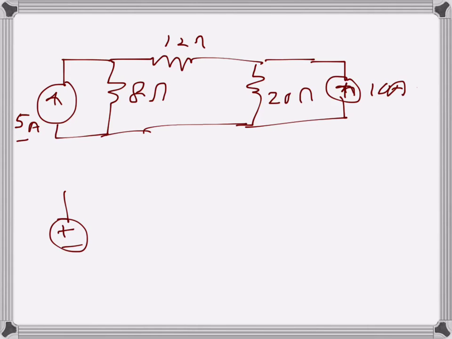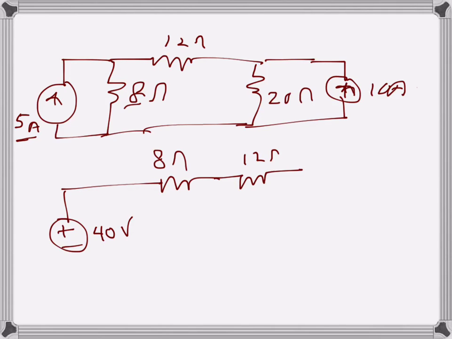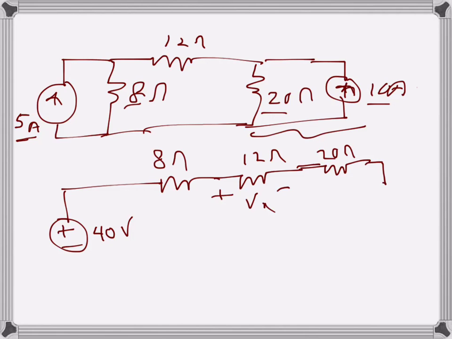The value will be 5 times 8, 40 volts, and the resistance 8 ohms comes here, and this one is 12 ohms, that's our unknown Vx. This part also changes to 20 ohms, and 20 times 10 is 200 volts, that's the voltage source.